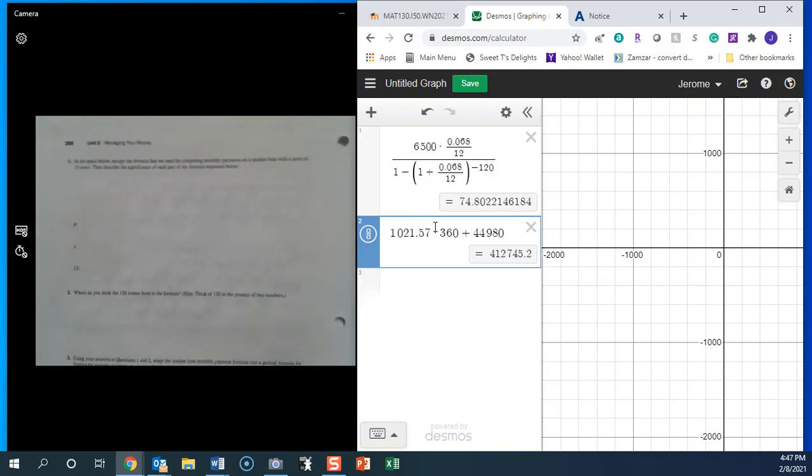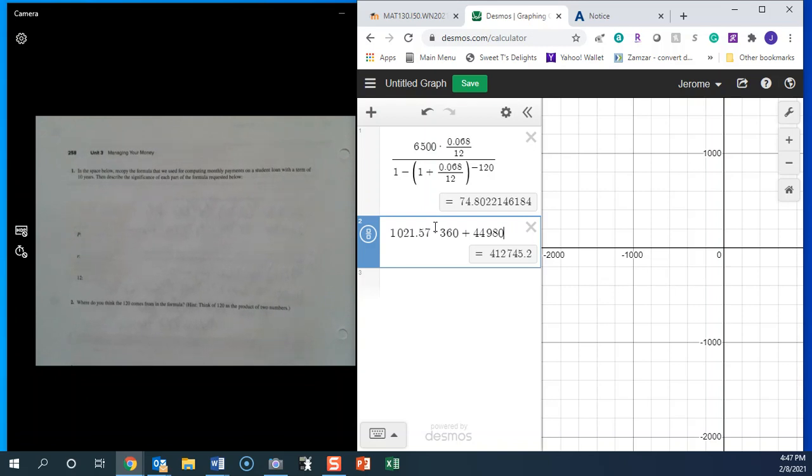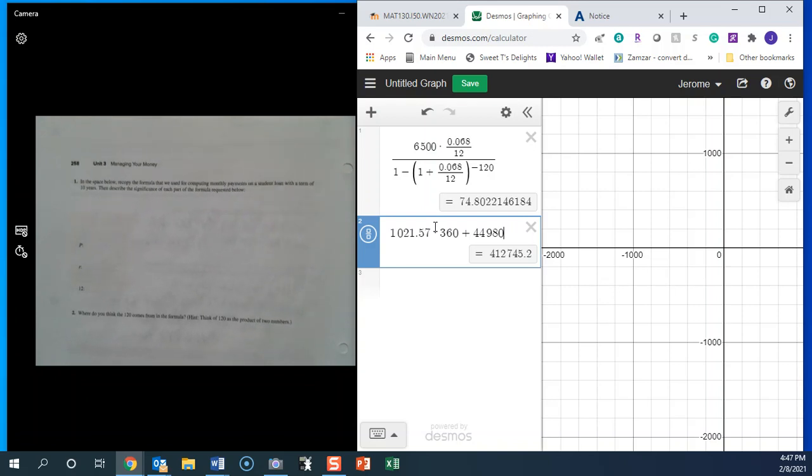Right now on the back here, page 258, it says in the space below, recopy the formula that we use for computing monthly payments on a student loan with a term of 10 years. Then describe the significance of each part of the formula requested below.